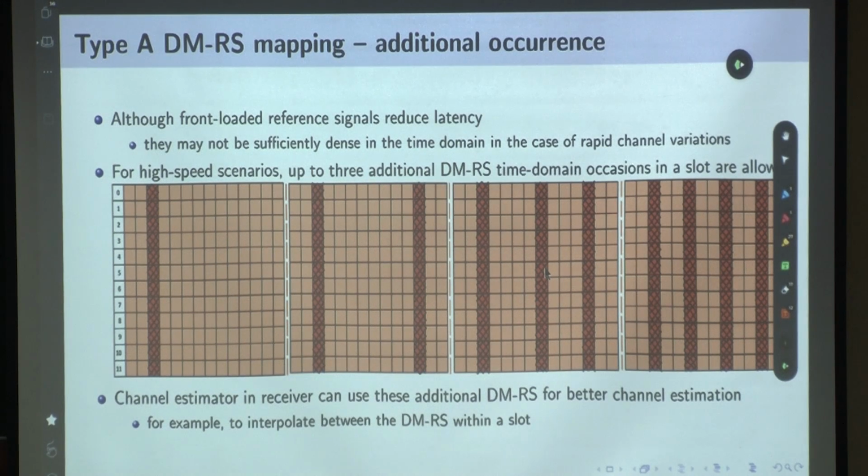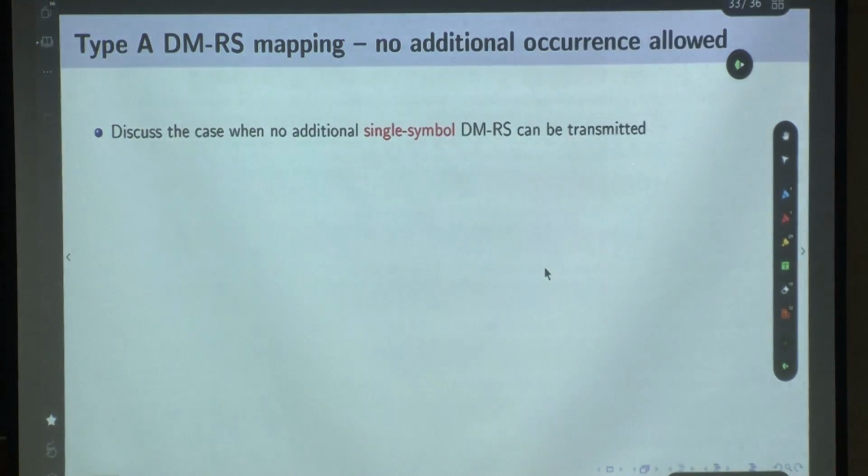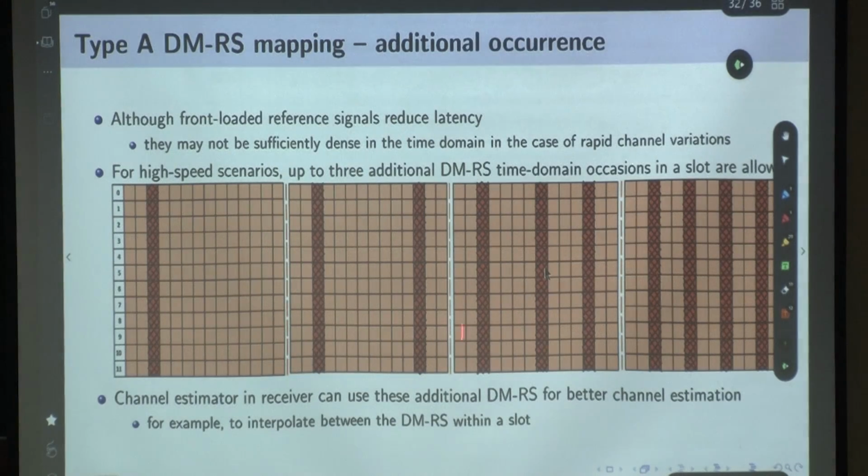So these are the kind of games which are played while designing a system. This is where you see these additional occurrences being allowed: 1 additional, 2 and 3 additional occurrences are being allowed.